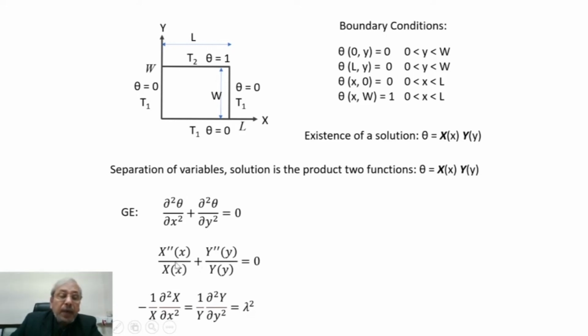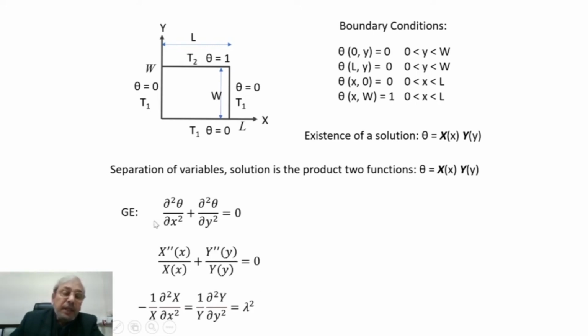Obviously from here we can write X double prime by X equal to minus Y double prime by Y, that is, 1 by X d2X dx2 equal to minus 1 by Y d2Y dy2. So we separate them out and fix a separation constant lambda square.